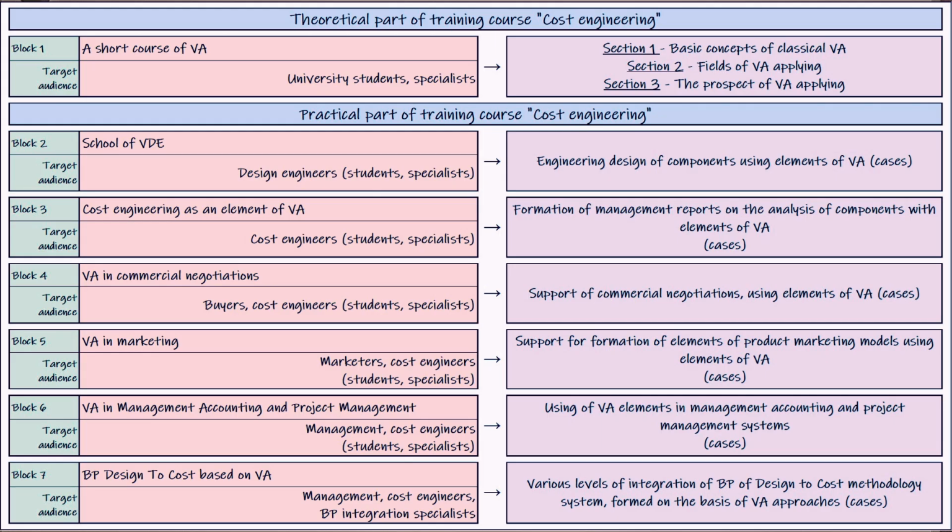In Block 6, cases related to the use of value analysis in the process of supporting management decision making by the company's top management as well as project managers within the framework of the management accounting system are considered. Block 7. Block 7 includes consideration of practical cases of integration of business processes with value analysis elements into the company's business process system.